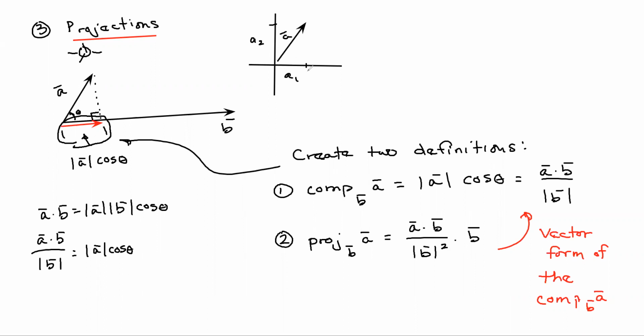You've got two pieces to form A. So it's part A1 and it's part A2.